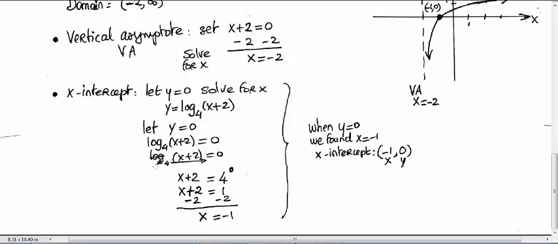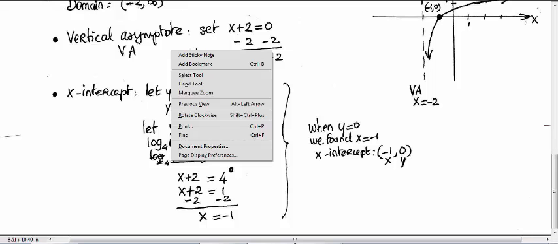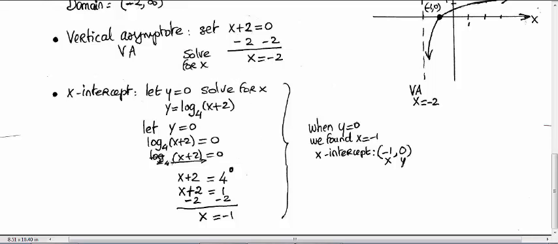Now remember, we used to zap the log if we wanted to solve a logarithmic equation. So when you zap the log it is gone, and then that base which you have, in this case this 4 over here, you're going to make that base travel to the other side.